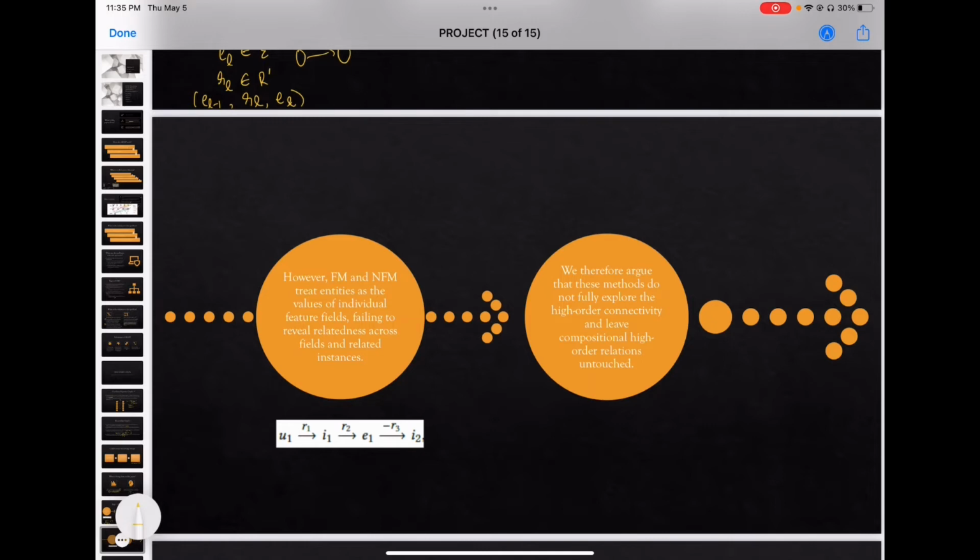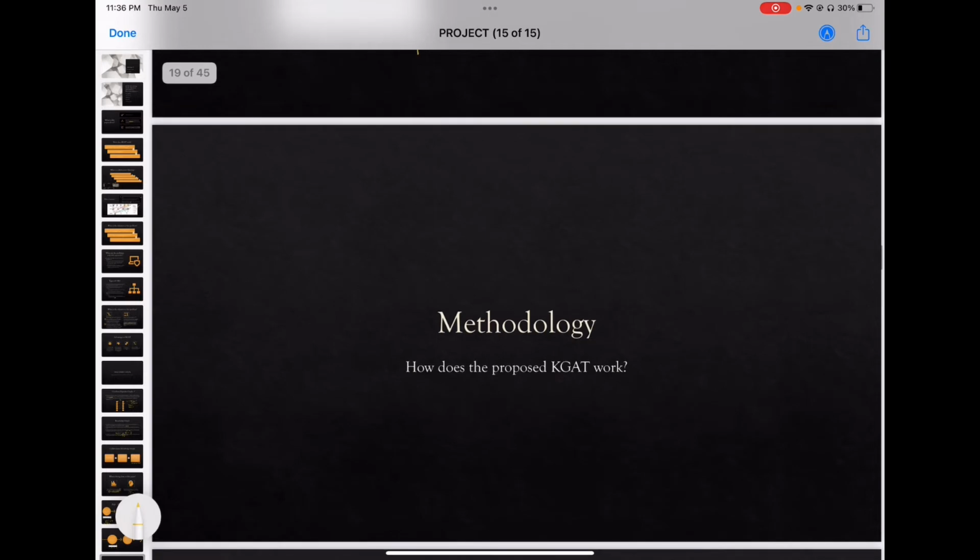For example, in this relation, although E1 serves as a bridge connecting between the director of I1 and actor of I2, this is not modeled by a supervised learning model. We therefore argue that these methods do not fully explore the higher order connectivity and leave compositional high order relations untouched. So the next thing we see is the methodology.